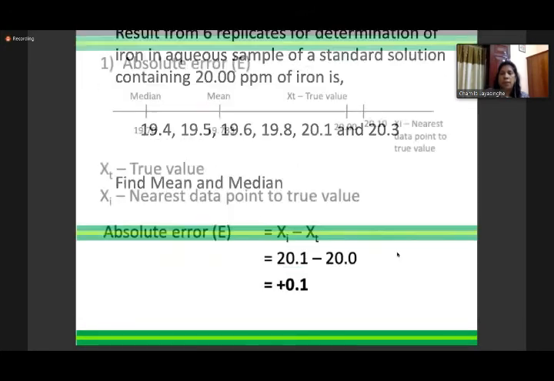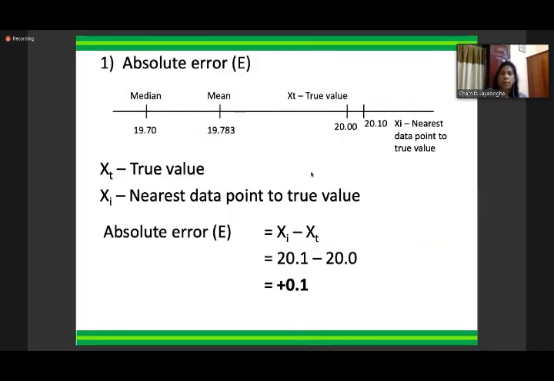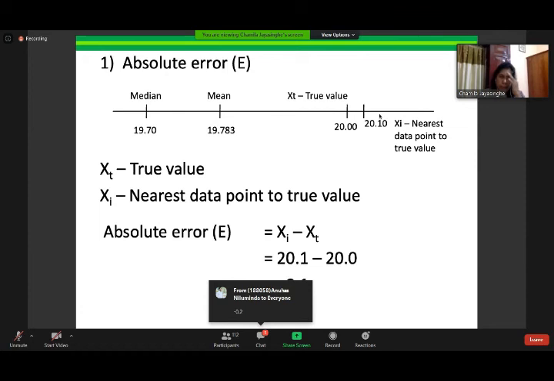Then calculate it and put the answer in the chat. There is no value like 20.1. Forget this. Then what would be the absolute error of this sample? Right, good. Minus 0.2. You must put the minus, right? Good. Now you got the idea.